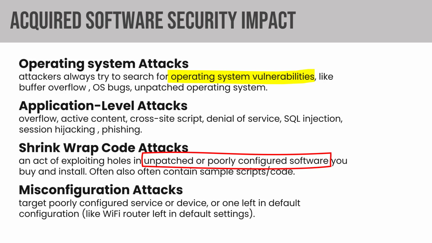I can remember back in the day, Netgear routers came with a very simple admin username and password, and it was really common that folks would buy that Netgear router, take it home, and not really change anything about it, meaning that if one could connect to, say, the default Wi-Fi network defined on a Netgear router, if the user had left the default Wi-Fi network name, the default SSID, then chances are they probably left the default credentials on the device as well. And so that's a misconfiguration attack.